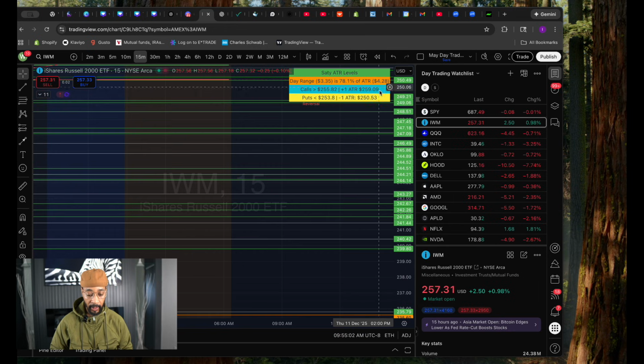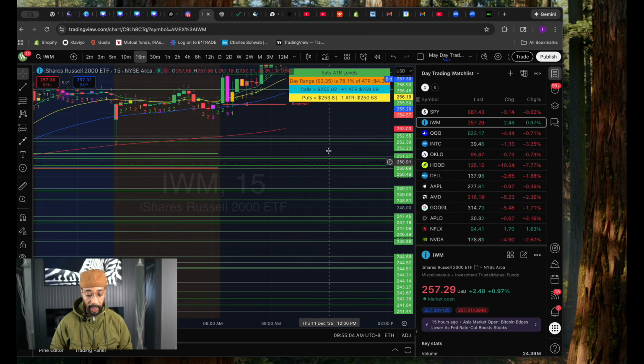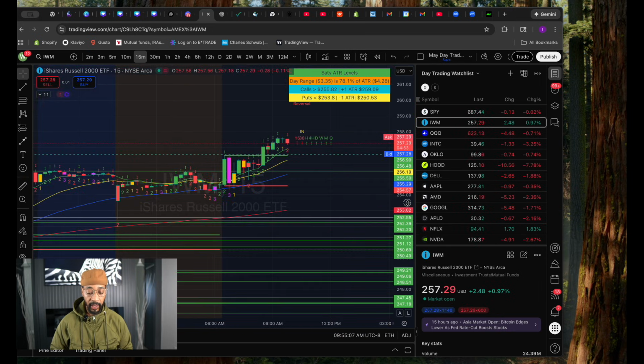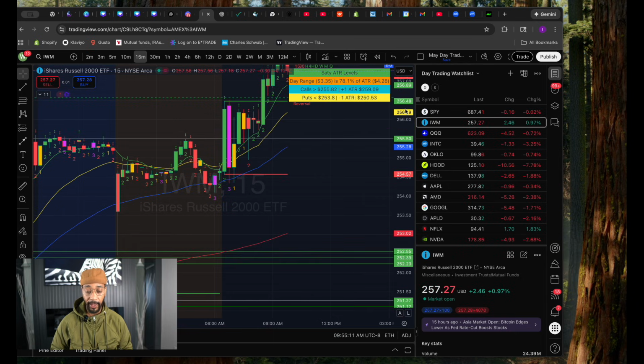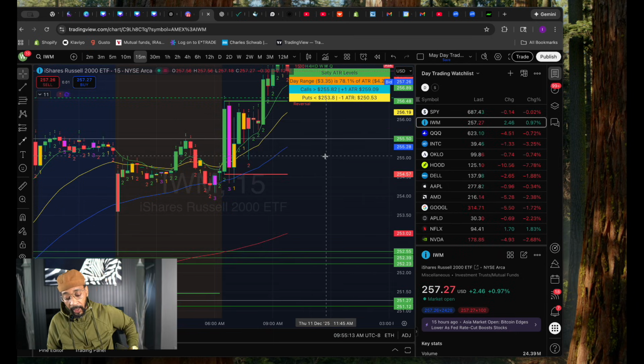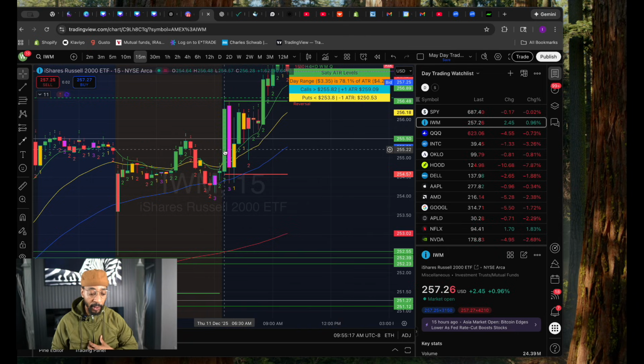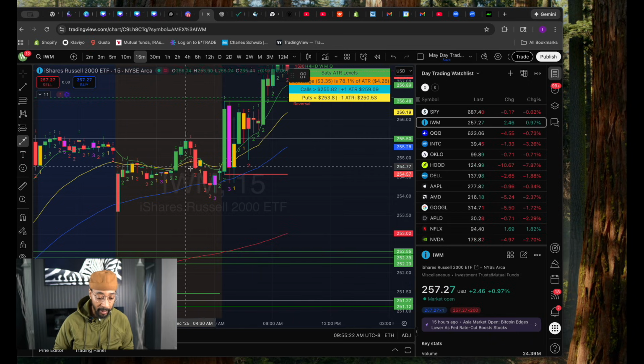Remember what I said about the bigger the candlestick, the more likely that candlestick is going to test. As you can see, on the first 15-minute candlestick, we have a move to the upside right here.